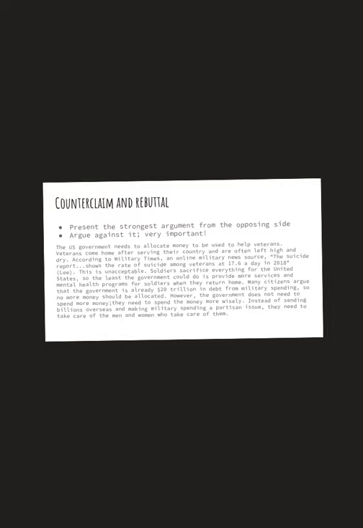Soldiers sacrifice everything for the United States, so the least the government can do is provide more services and mental health programs for soldiers when they return home. Here's my counterclaim. Many citizens argue that the government is already $20 trillion in debt from military spending, so no more money should be allocated. That is a strong argument. $20 trillion in debt. And I did not have to quote this because that's common knowledge. Anybody knows that by a simple Google search.